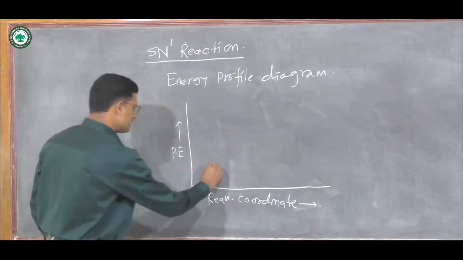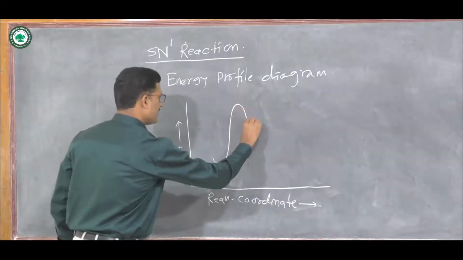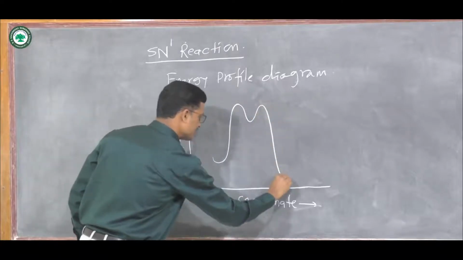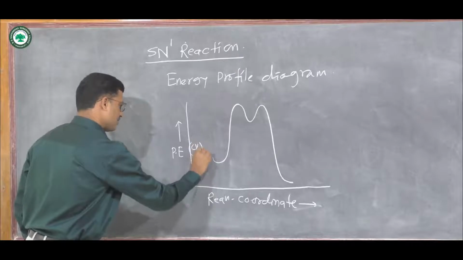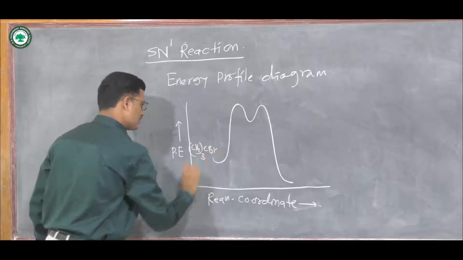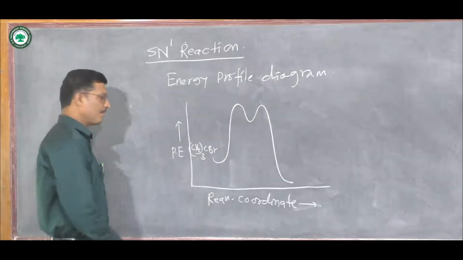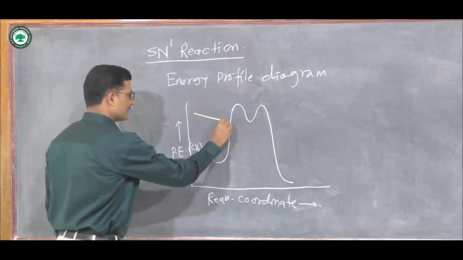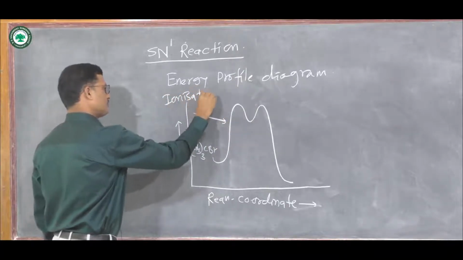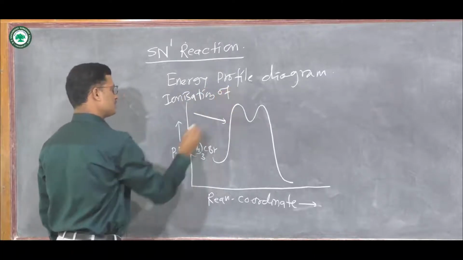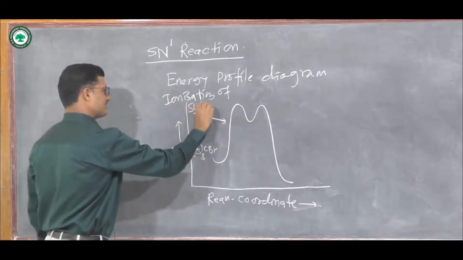So what happened in the energy profile diagram? It has two transition states. And what happened here? We start from your starting compound, tertiary butyl bromide. What happened here? The ionization of the substrate.